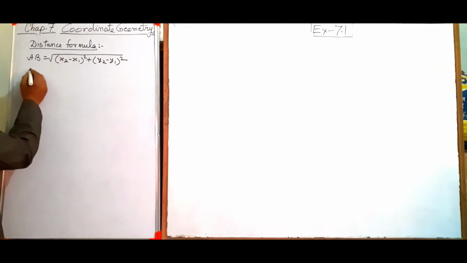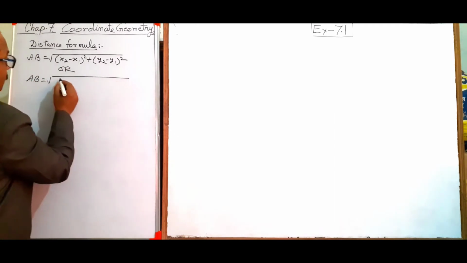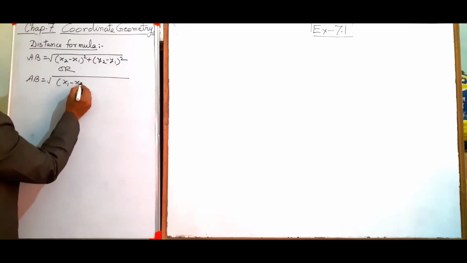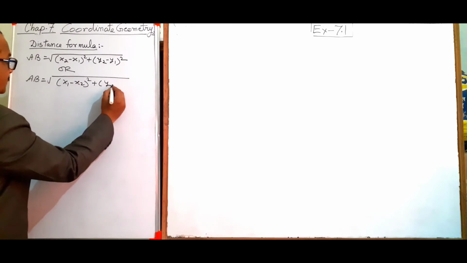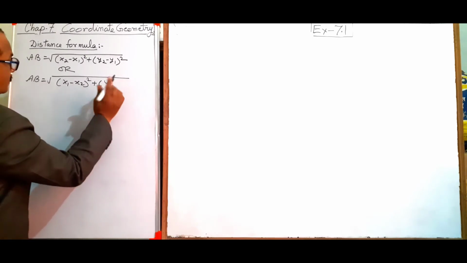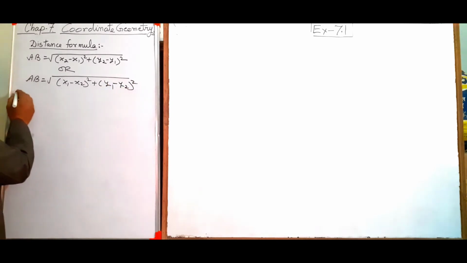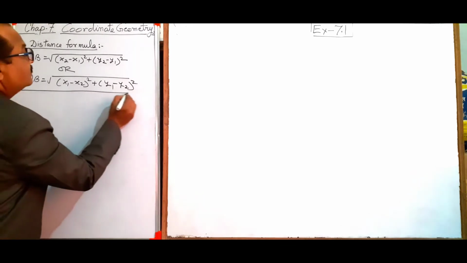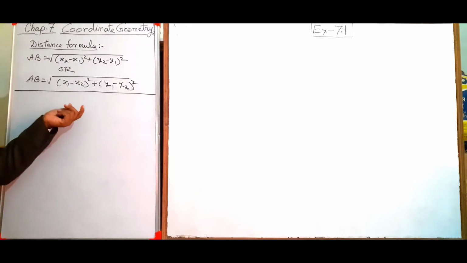Either you write in this form, or you can also use the distance formula in this form: x1 minus x2 whole square plus y1 minus y2 whole square. Now see the use of this one. First use, you can prove the collinearity of 3 points.